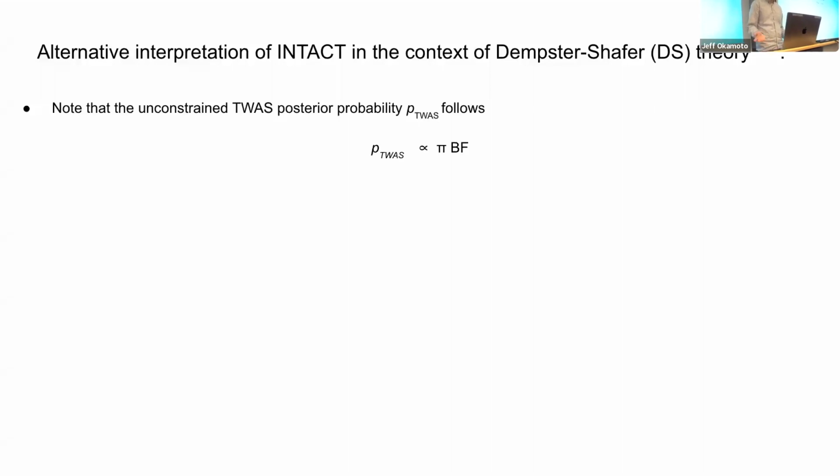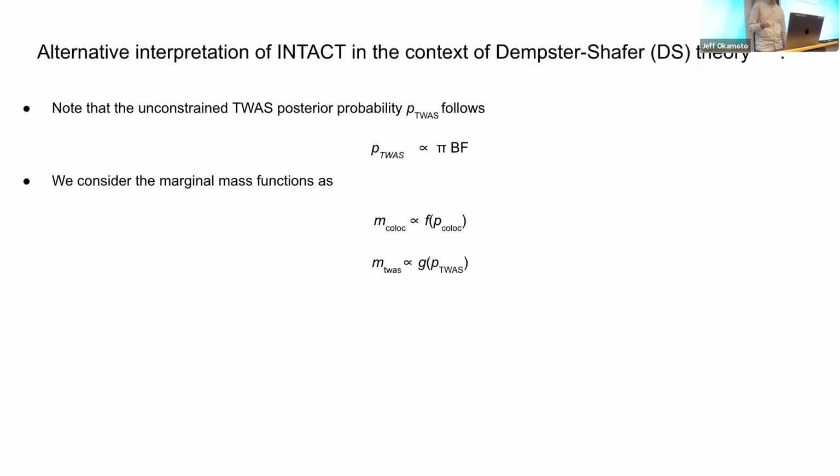Okay, so now we're going to more explicitly tie that DS theory formulation to the Bayesian framework. Just a little bit of notation here. We're going to call the TWAS posterior probability pi of TWAS. This is going to be proportional to our unconstrained prior times the Bayes factor. We're going to define our marginal mass functions as being proportional to some monotonic function f or g of your posterior probability for colocalization or TWAS.